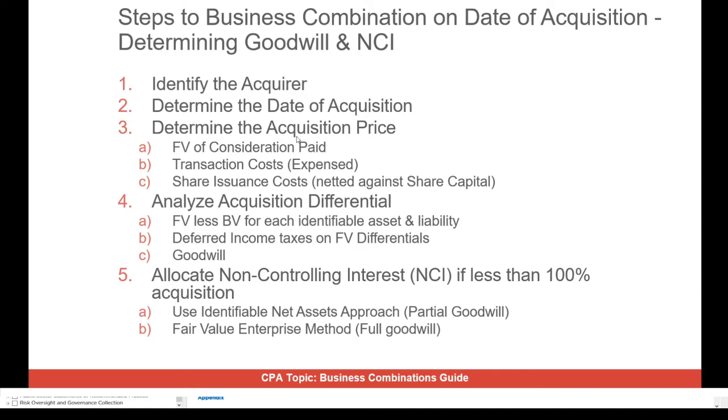After you've figured out that acquisition price, you've got to analyze the acquisition differential. The reason why you're analyzing the acquisition differential is to figure out what the deferred income taxes and goodwill are going to be. We're going to work through that tonight: fair value less book value for each identifiable asset and liability. Basically, the acquired company, the sub, has a list of their assets and liabilities.